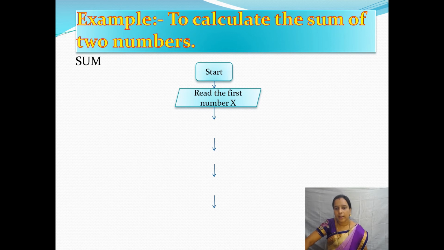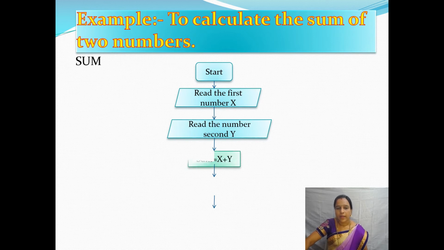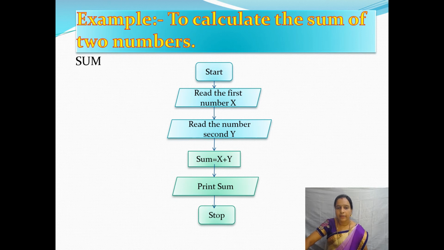Read the first number x, then read the second number y, then sum equals x plus y, then print sum, then stop. As I said, if x equals 10 and y equals 10, sum equals x plus y, 10 plus 10, which is 20. What are we printing as the sum? 20. Then stop.